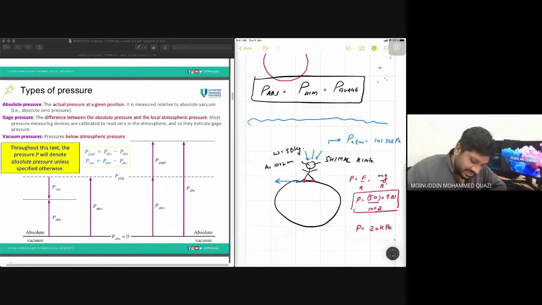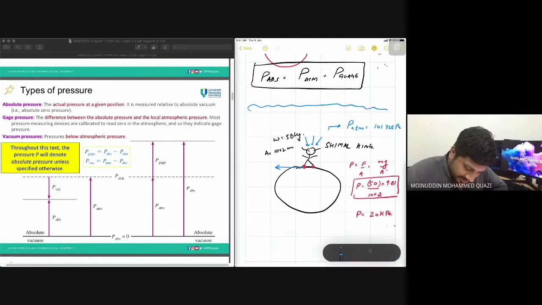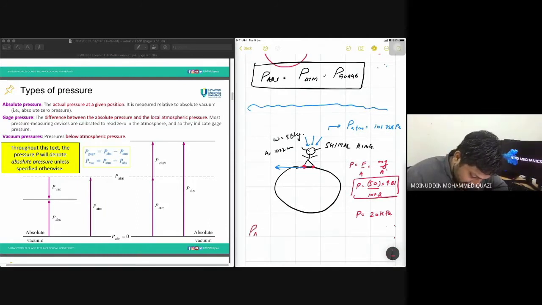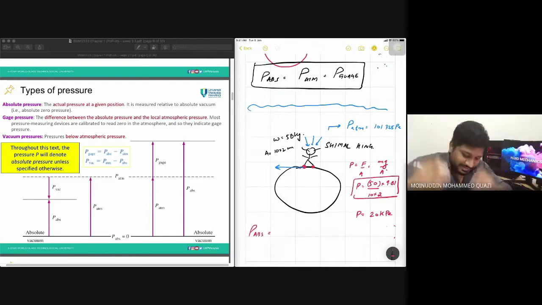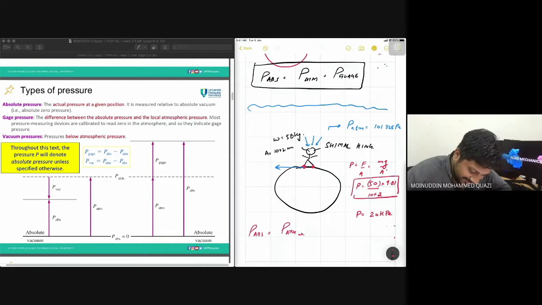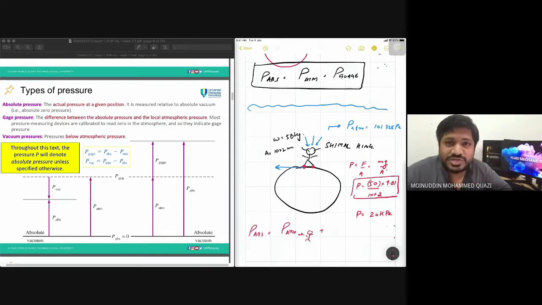The total pressure, called the absolute pressure, P absolute, is equal to the atmospheric pressure acting on Mr. Shimal plus Mr. Shimal's own pressure due to his own weight.